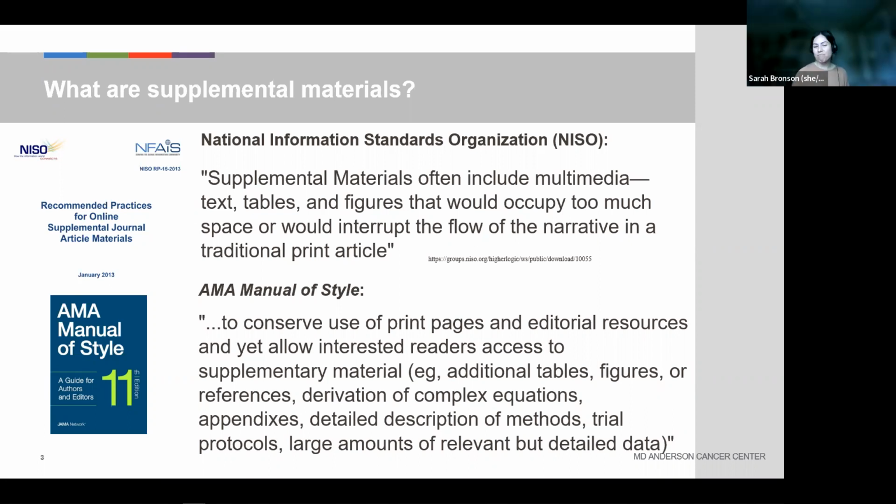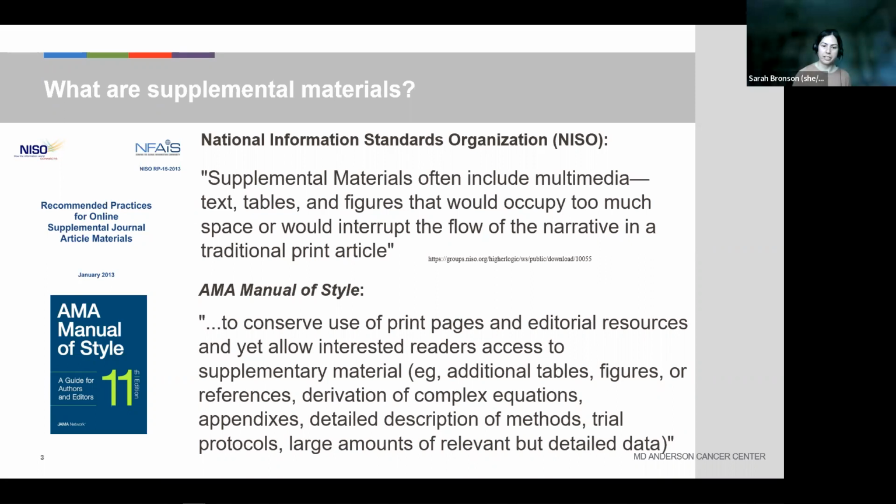But things are not black and white, and this distinction has become less clear. So, for example, it's very common for not only inessential, but also essential material to be placed in the supplemental materials section.